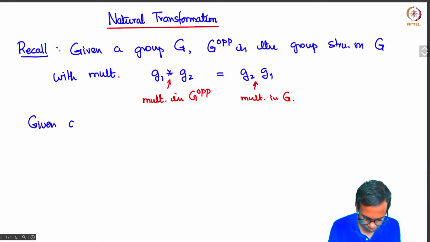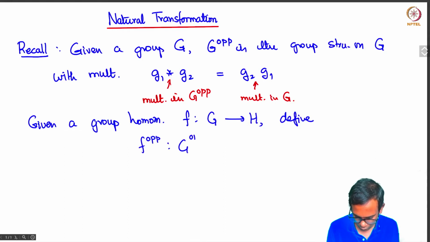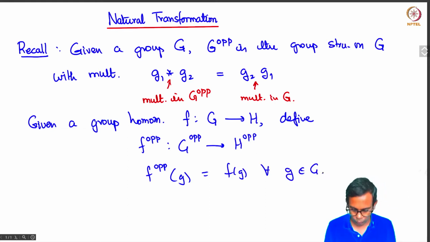Given a group homomorphism F from G to H, we can define F op from G op to H op by just defining F op of g equal to F of g for all g in G. You can check that F op is a group homomorphism.